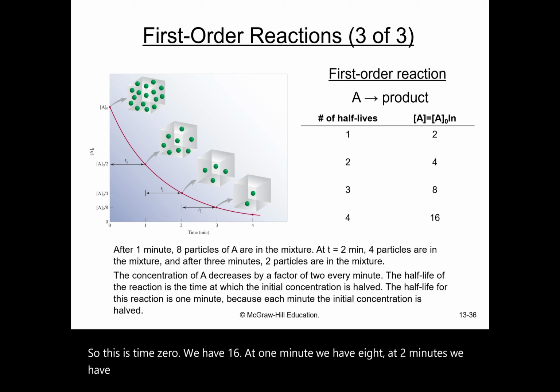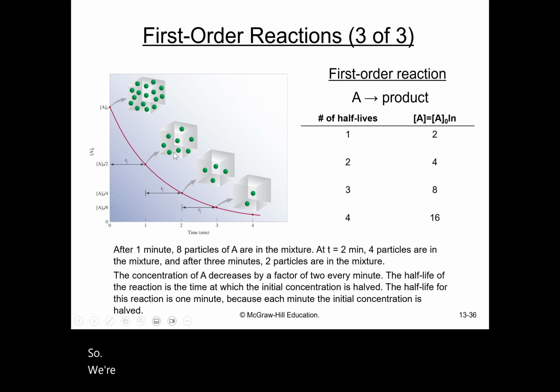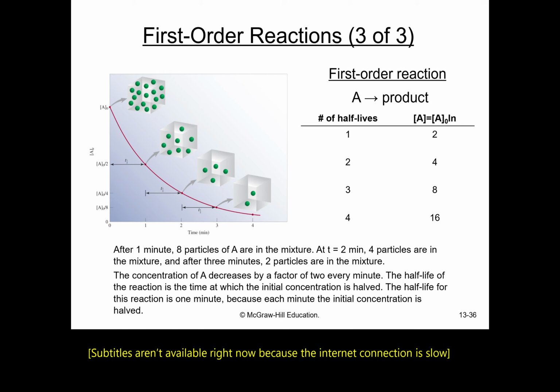So we're starting with 16, and our half-life is going to be 1 minute, because half of 16 is 8. It's not going to be 2 minutes. You're not breaking the time in half. You're breaking the particles in half.